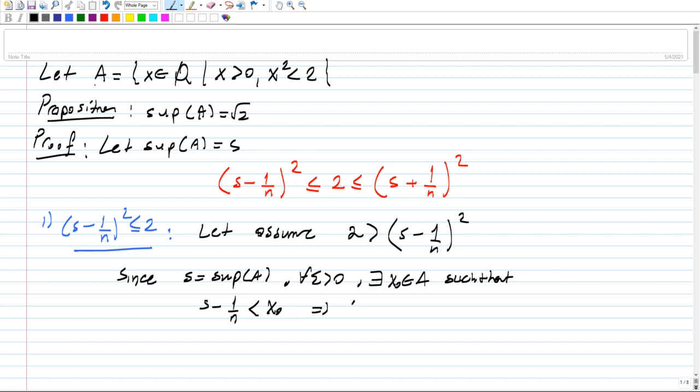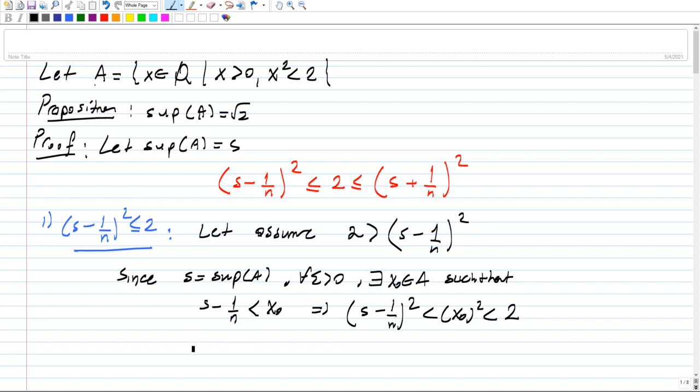That implies if we square both sides, S minus 1 over n square is less than x0 square, which is less than 2, because x0 is in the set and it should be satisfying this property.